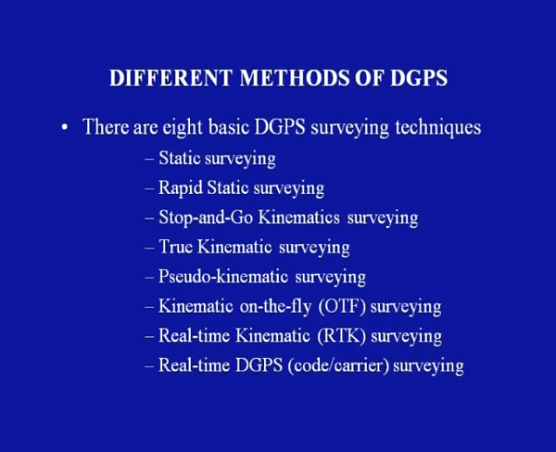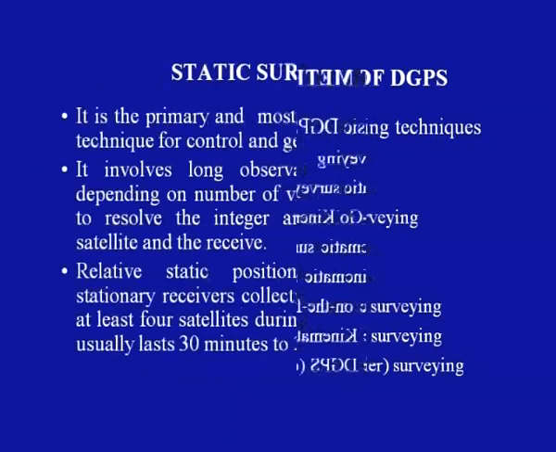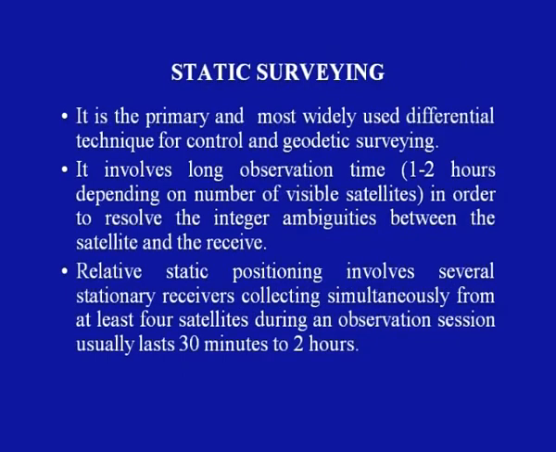These are static surveying, rapid static surveying, stop and go kinematic surveying, true kinematic surveying, pseudo kinematic surveying, kinematic on the fly, or we call it OTF surveying, real time kinematic or RTK surveying, and real time DGPS, that is code/carrier survey. Now, let us look at each of these 8 basic DGPS surveying techniques one by one.